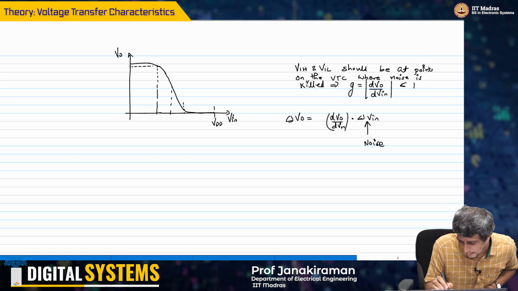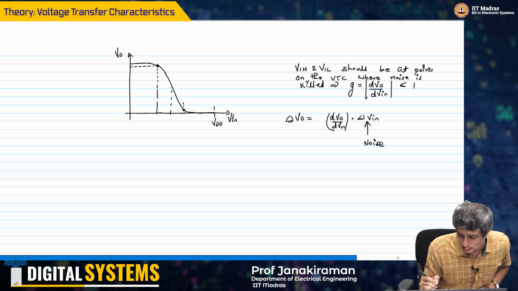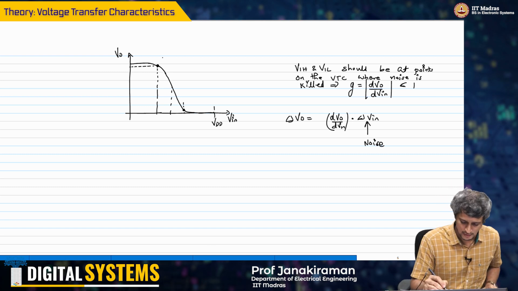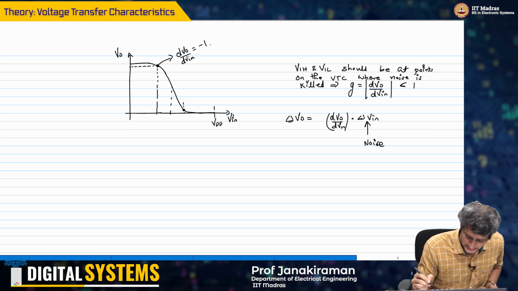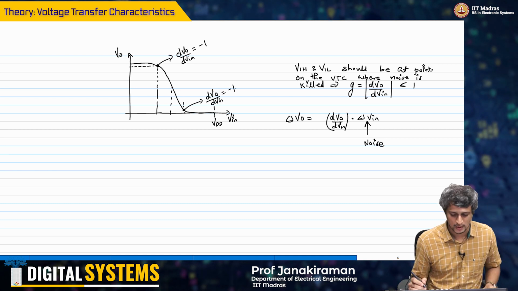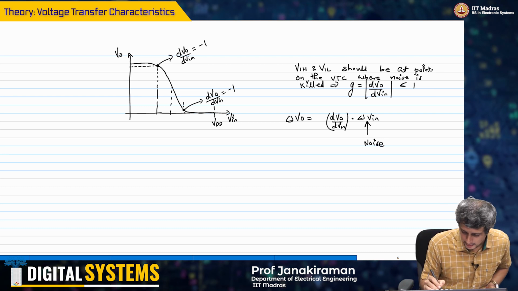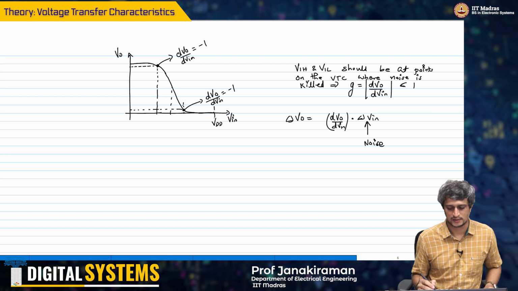So you identify 2 points on this curve where dV out by dV in equals minus 1. Out here also dV out by dV in equals minus 1, and then you plot these 2 things.